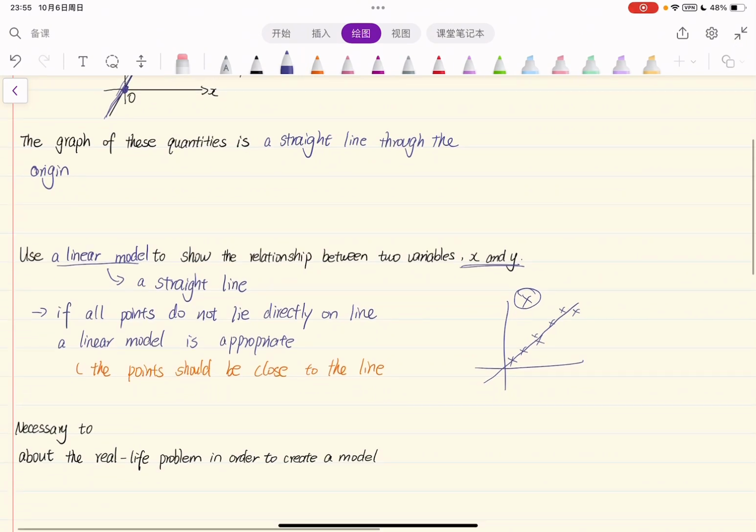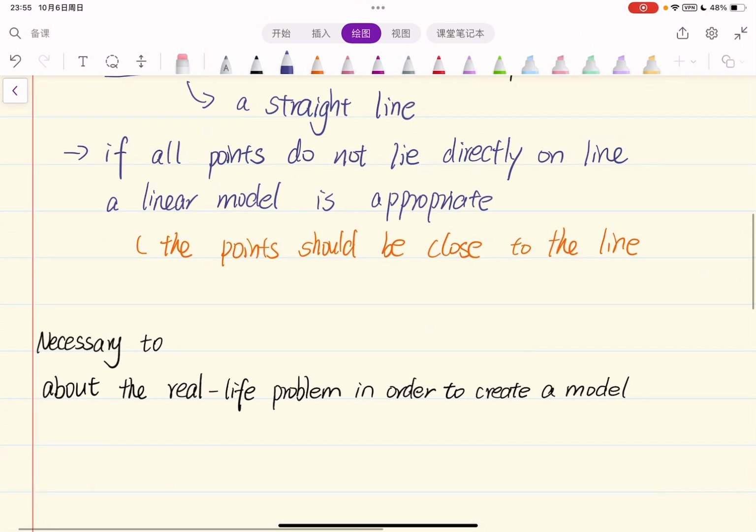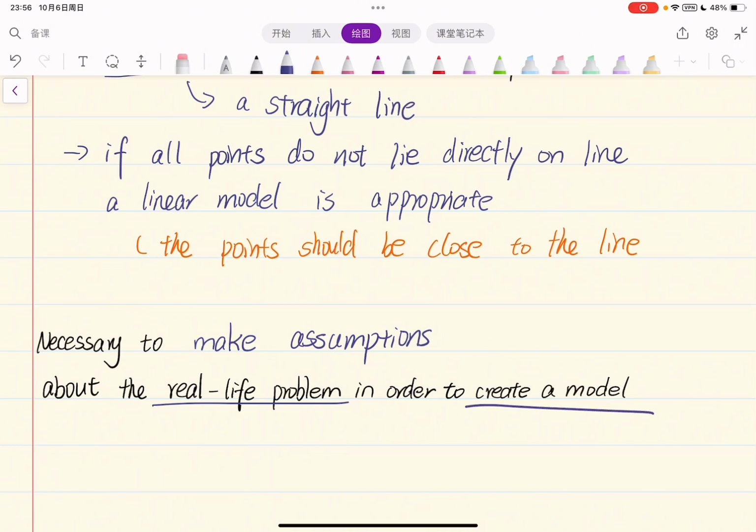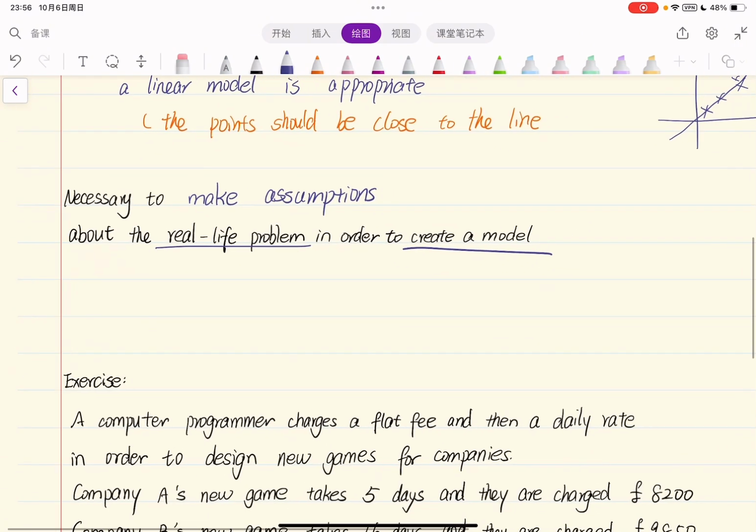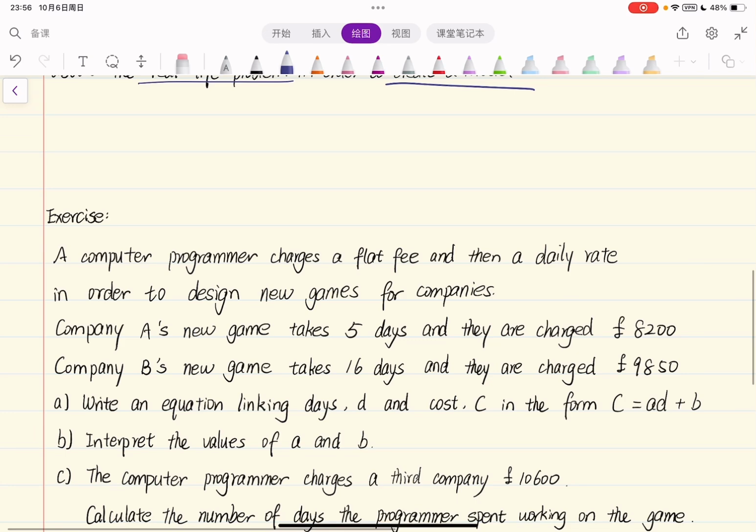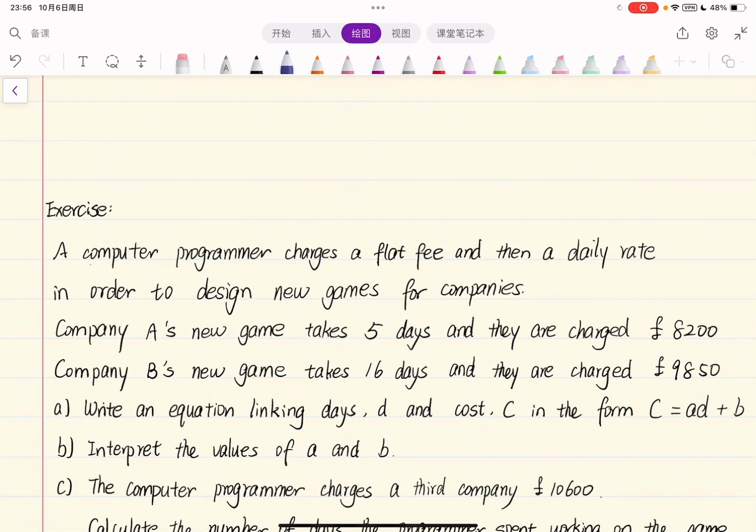Well, when you use a linear model, it's necessary to make assumptions about the real-life problem in order to create a model. For example, we have a question where a computer programmer charges a flat fee and then a daily rate in order to design new games for companies.